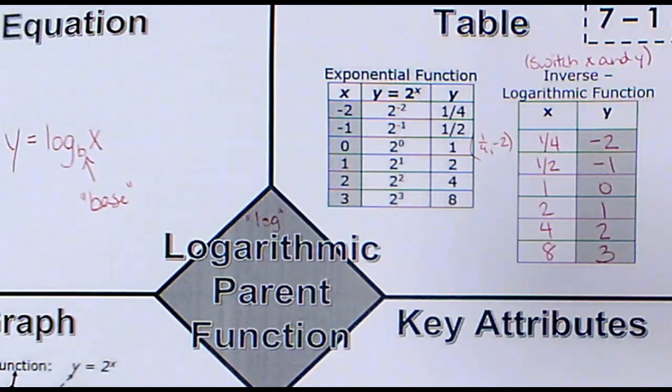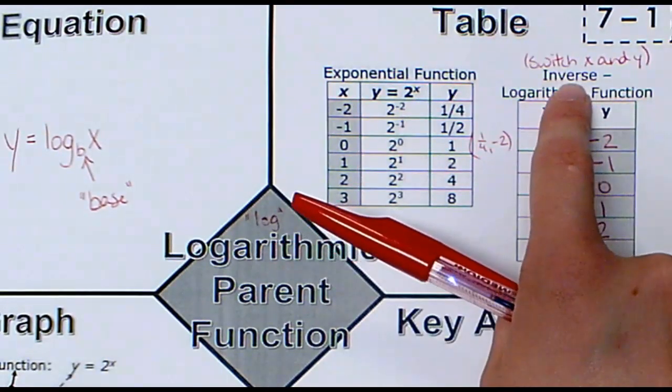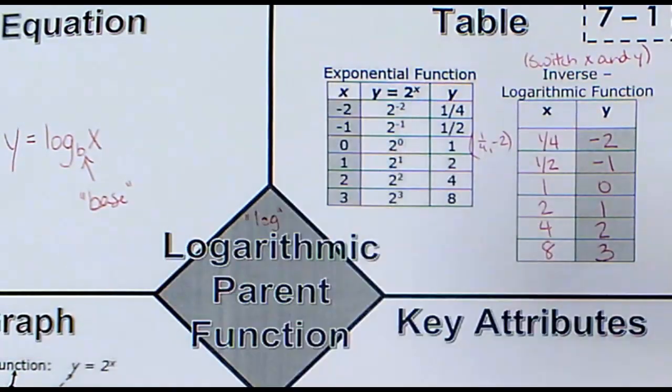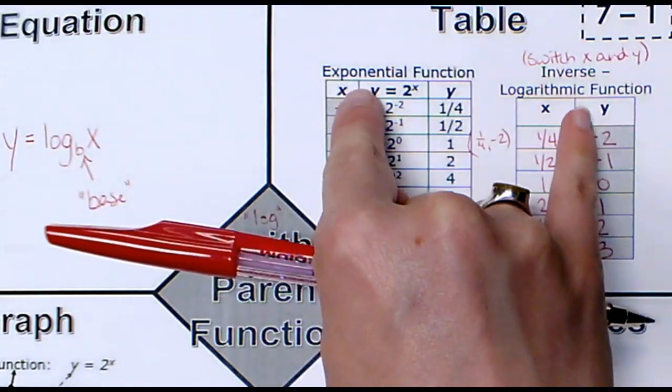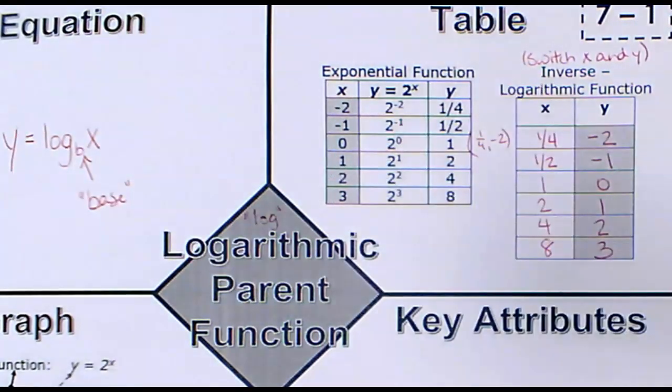So I'm going to take those ordered pairs in my table and go graph them. You'll notice that there's already something on your graph. The exponential parent function with a base of 2 is already on your graph, because I want to show you graphically the inverse of the exponential parent function and how these two are related because they are inverses of each other.